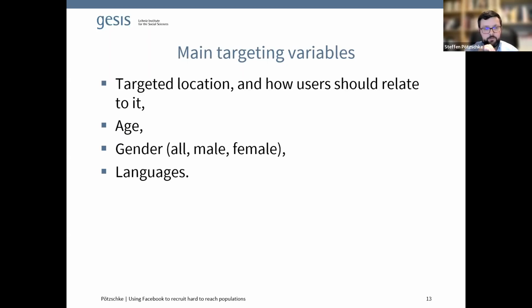Here there are only 3 options. The Facebook Advertisement Manager differentiates only between male and female users, or the third option is to include both those categories. And then we can select specific languages that we want to target, meaning users using specific languages, for example, in their Facebook settings.